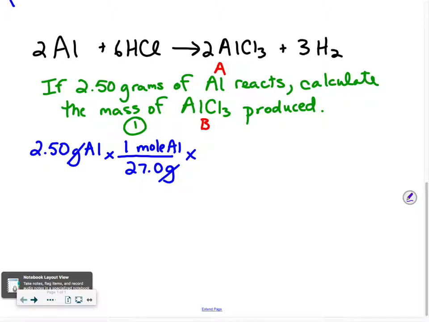Would you put AlCl3 on top? Yep. And Al on the bottom, because I want to cancel Al. And then what are the numbers for my mole ratio? Two and two? Okay. All right. So that gets me to moles of AlCl3. And then what's my last step?